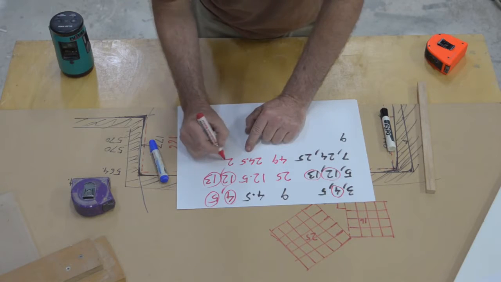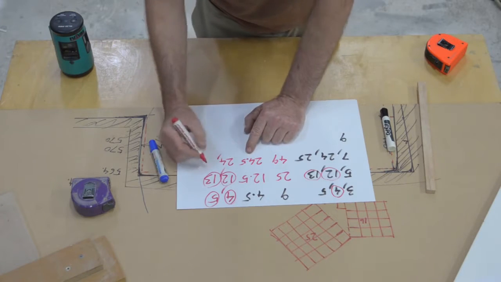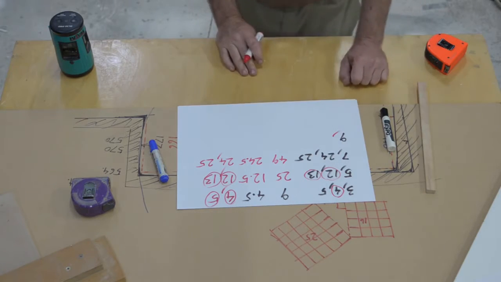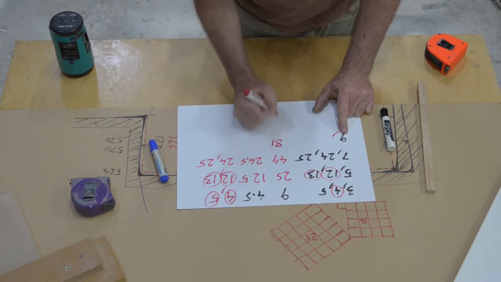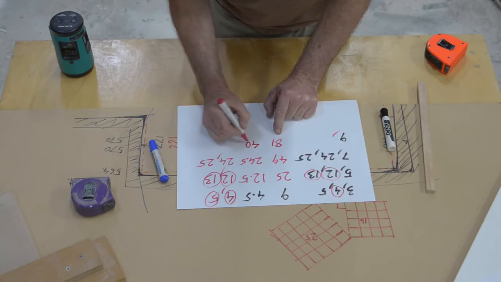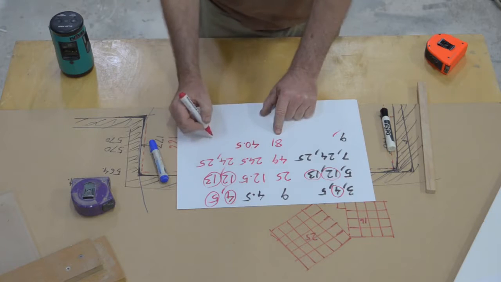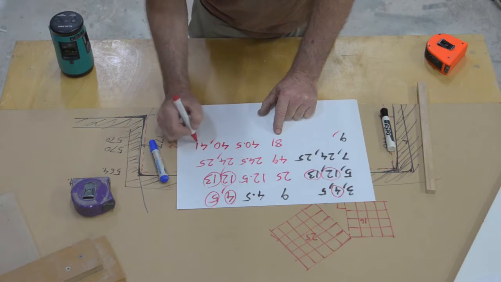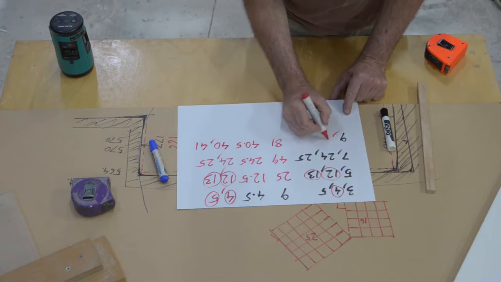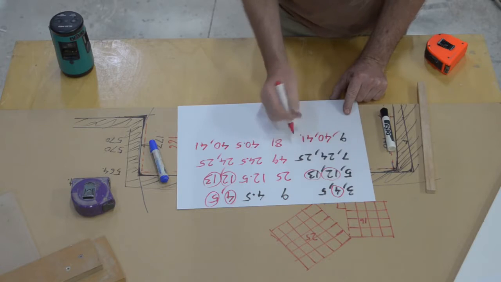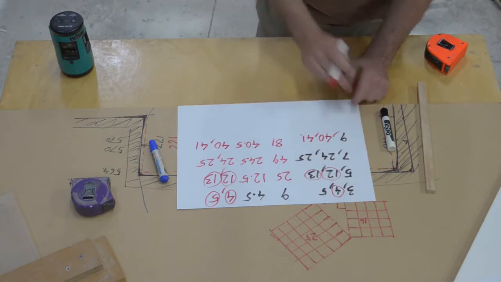Take away 0.5 is 24. Plus 0.5 is 25. So, on this one, 9 times 9 is 81. Half of that is 40.5. So our other two numbers are 40 and 41. So if you can remember the rule, you can recalculate your own. But these ones are the common ones to remember.